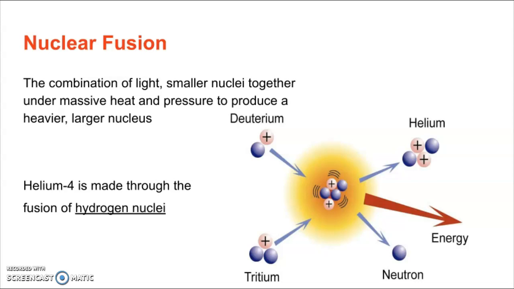In the diagram on this slide, you can see that helium-4, meaning my mass number is 4, is made through 2 types of hydrogen nuclei coming together and fusing to give off helium and this spare neutron. A neutron exists on its own. You also see that a lot of energy is produced, and we're going to look at that in a moment.